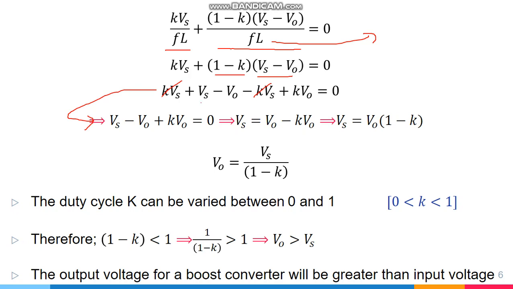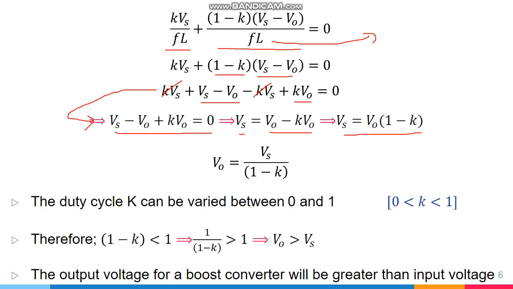So we are left with Vs, V naught and KV naught. Therefore, Vs minus V naught plus KV naught is equal to 0, and keeping similar terms on one side, Vs is equal to V naught minus KV naught, which implies that Vs is equal to V naught times (1 minus K).